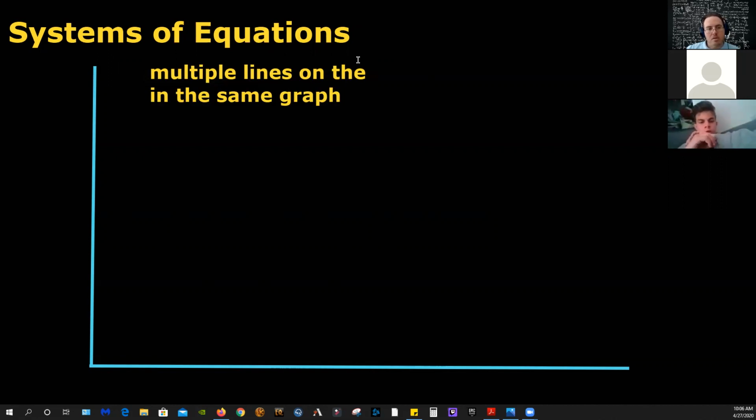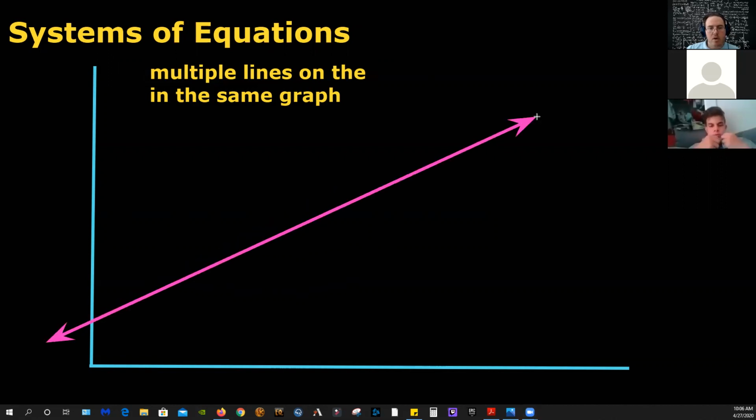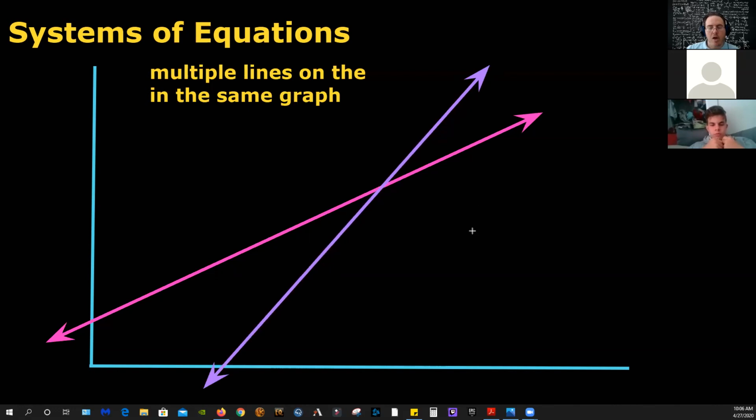And those lines can be going kind of anywhere. We'll put one there, and we'll put one right there. Okay, so there's our system of equations. Now, the solution to a system of equations, the way you solve them, is you figure out where they cross.